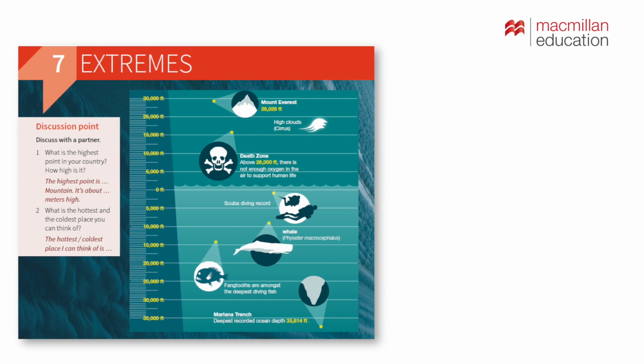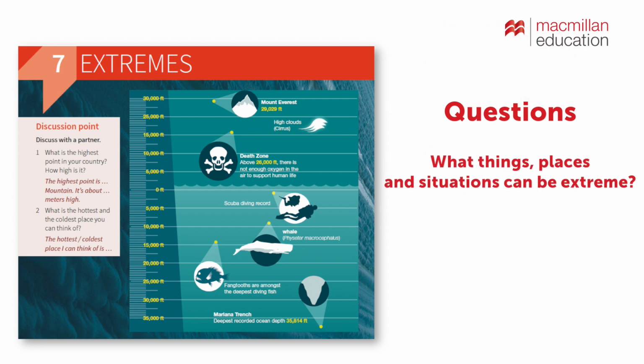So here are some example questions that are integrated into this activity. So what things, places, and situations can be extreme? So this infographic is all about different extremes at different heights. So very, very high things, and then sort of very, very low things under the sea as well.